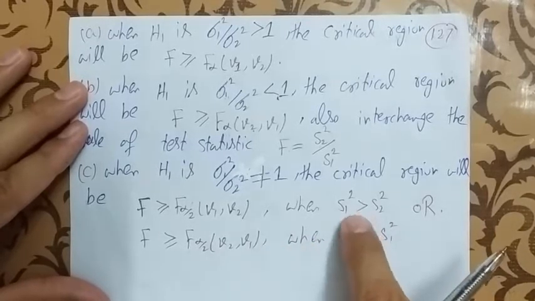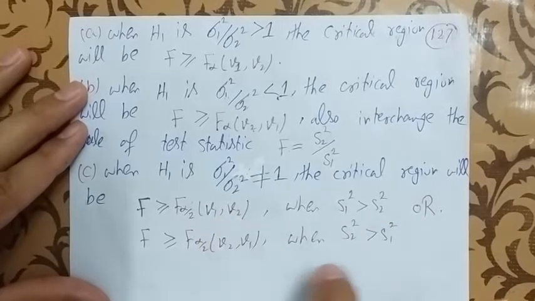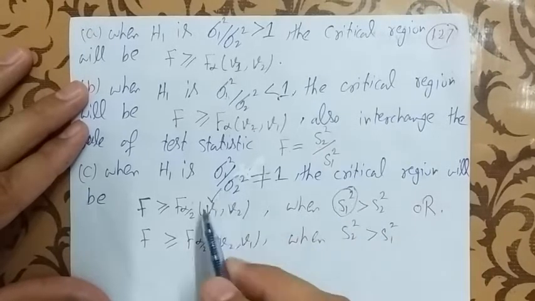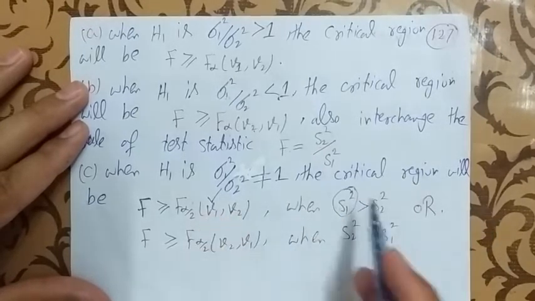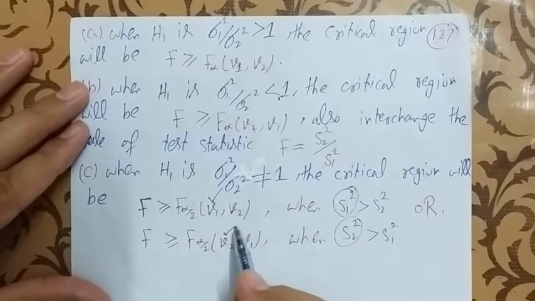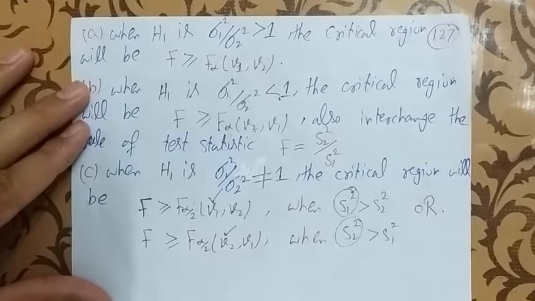Students, when S1 square is greater than S2 square, then nu1 comma nu2 comes, and when S2 square is greater, its degree of freedom nu2 comes first.